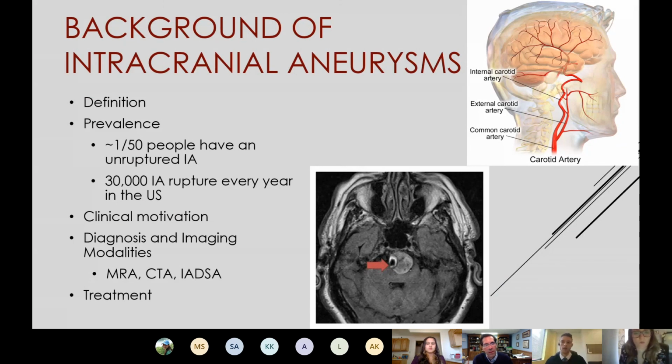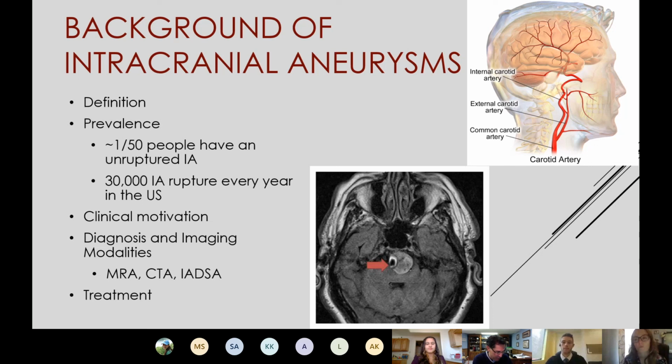CTA is the same sort of modality, and that's computed tomography angiography. And IADSA is more difficult to do from what I found, and it stands for intra-arterial digital subtraction angiography. Okay, thanks.